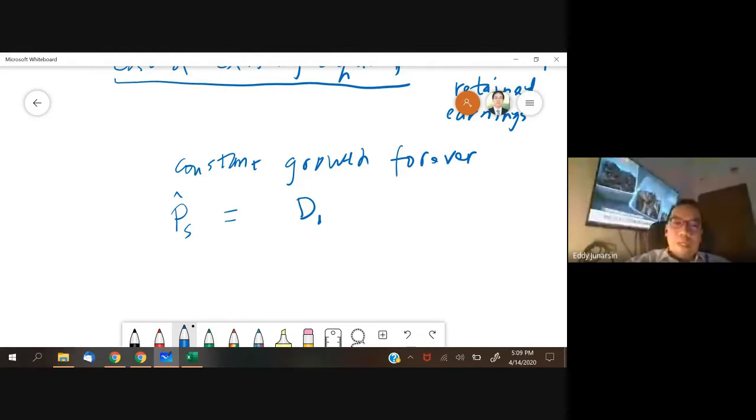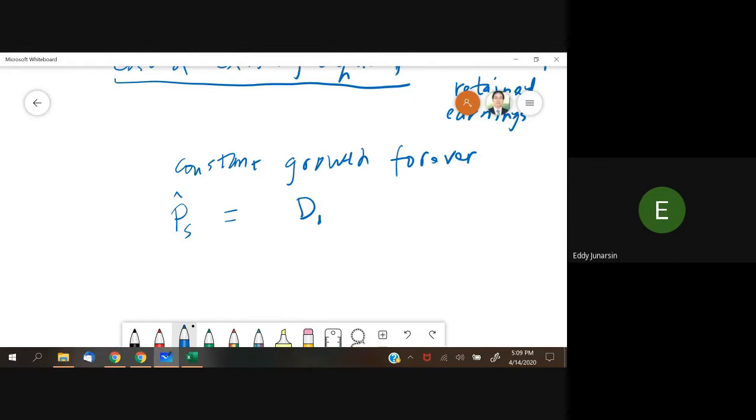So the P at time zero is a function of the next dividend. Of course, the next dividend is the first period. If the current period is zero, then the next period is one. Divided by return by common stockholders minus constant growth forever.